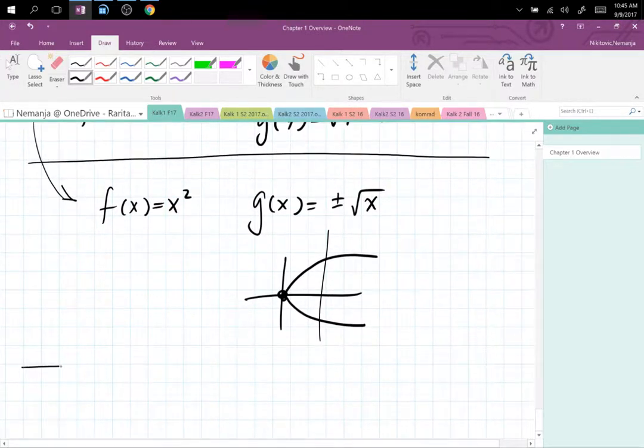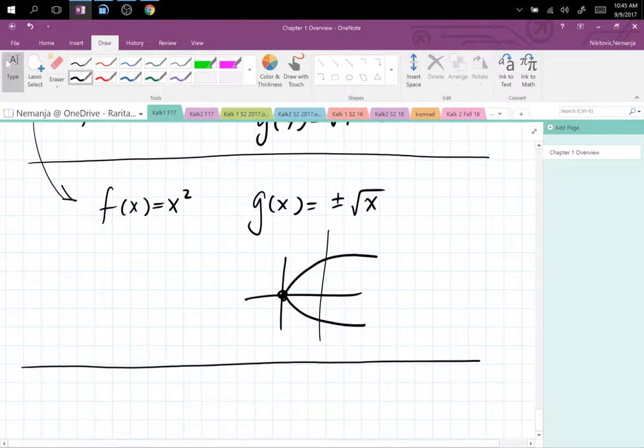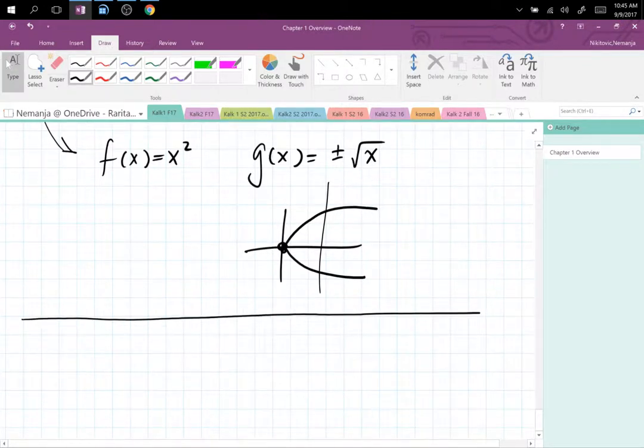There are other ways of fixing this as well. Another way to fix this problem would be to restrict the domain. You learned this in pre-calculus 2 with trig functions. None of the trig functions have an inverse function until you restrict the domain.